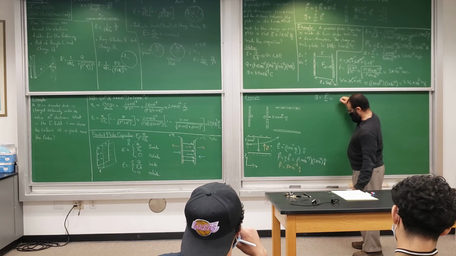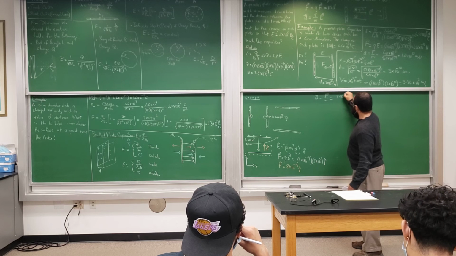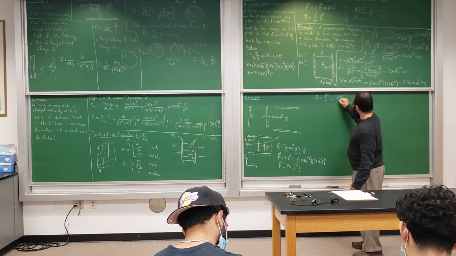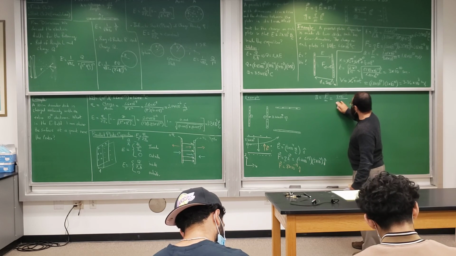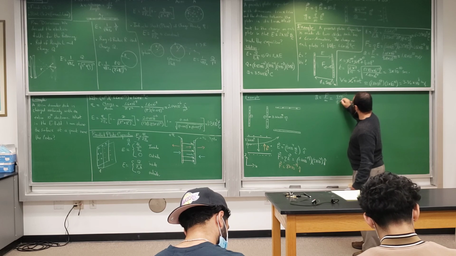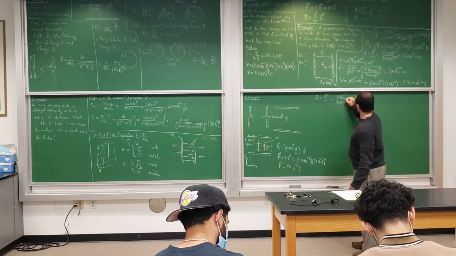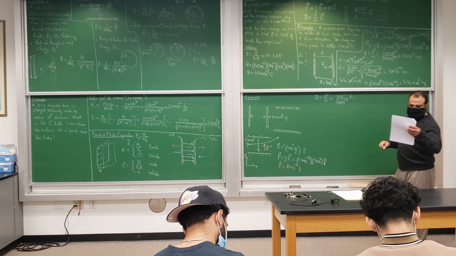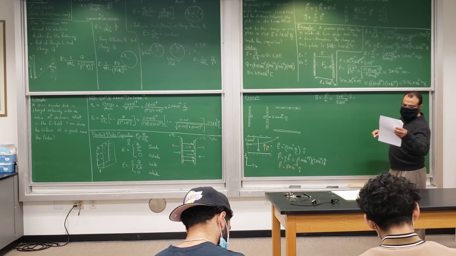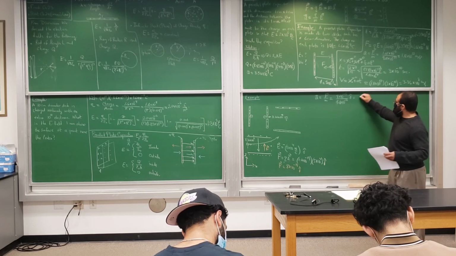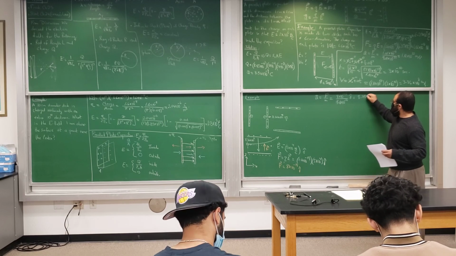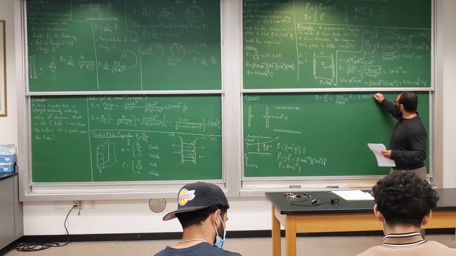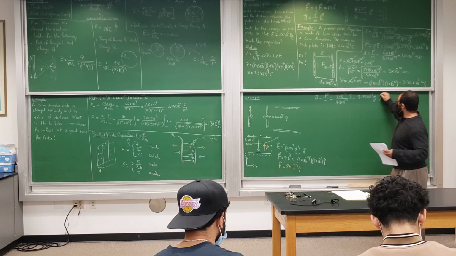The force is 8 times 10 to the minus 15, and the mass of the electron is 9.11 times 10 to the minus 31. So you get an acceleration of 8.78 times 10 to the 15 meters per second squared in the j hat direction.